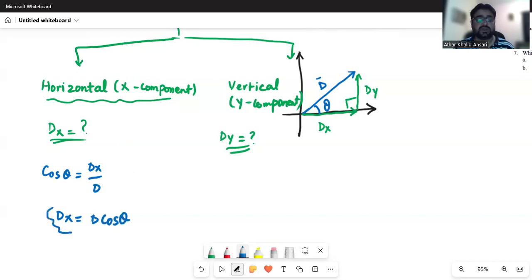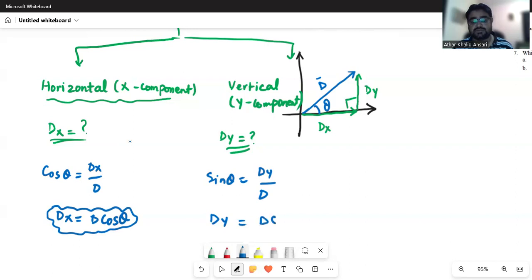Similarly, if we have to find dy, we will use sine theta. Sine theta is dy, the opposite, over hypotenuse. So dy will become d times sine theta.